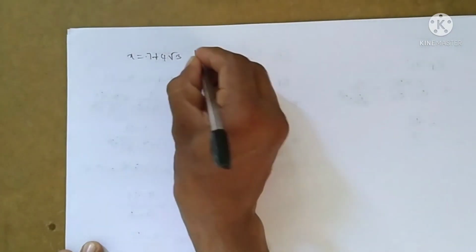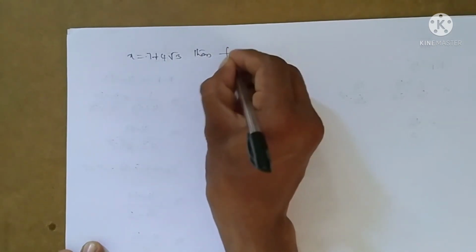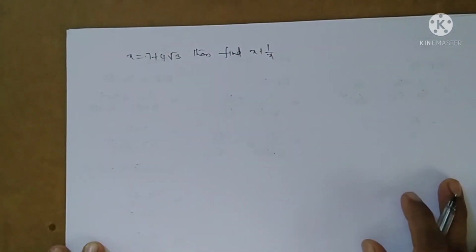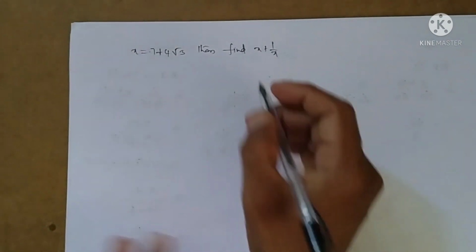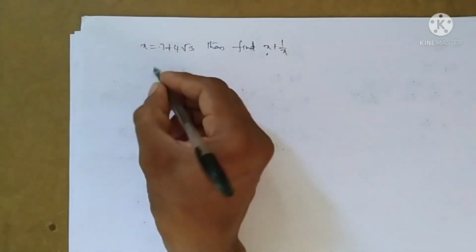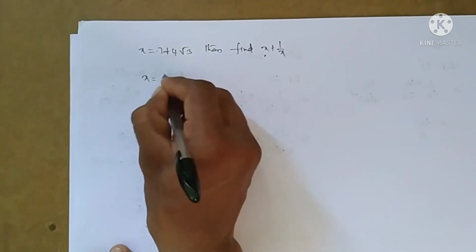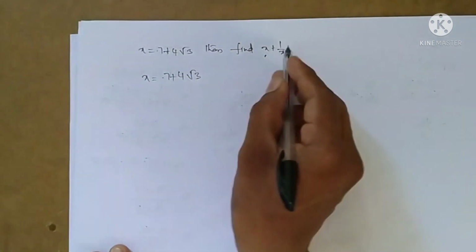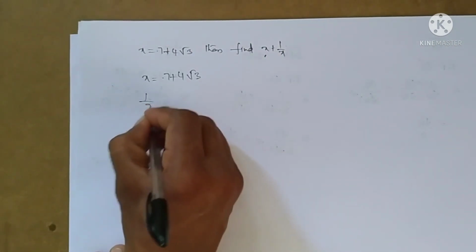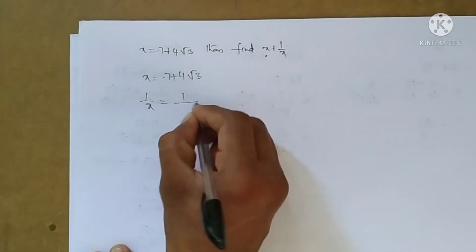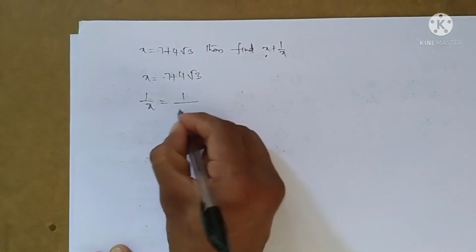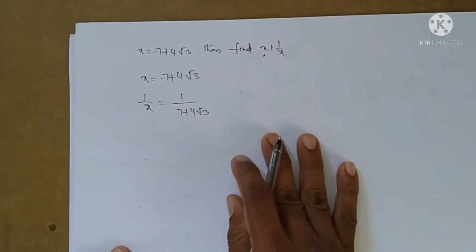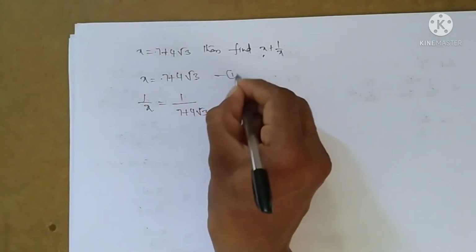Then find x plus 1 by x. So here x is equals to 7 plus 4 root 3. So 1 by x is equals to 1 by 7 plus 4 root 3. So this is equation 1, this is 2.